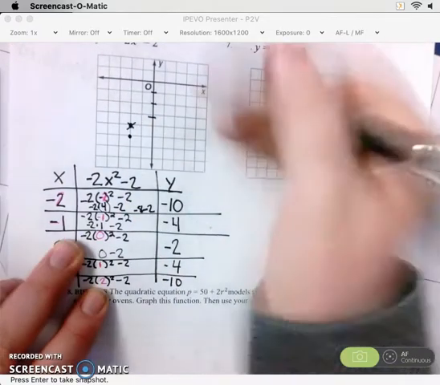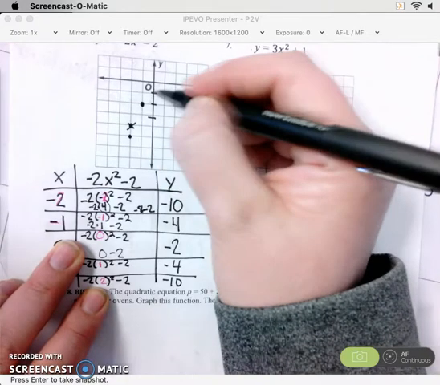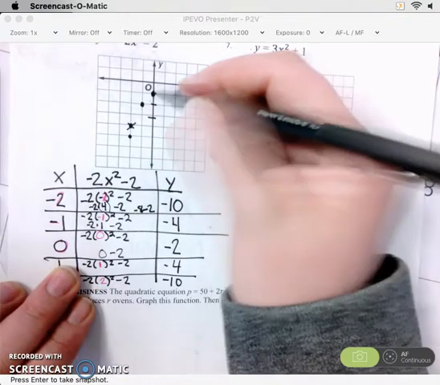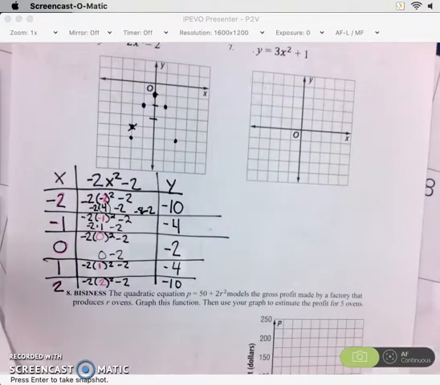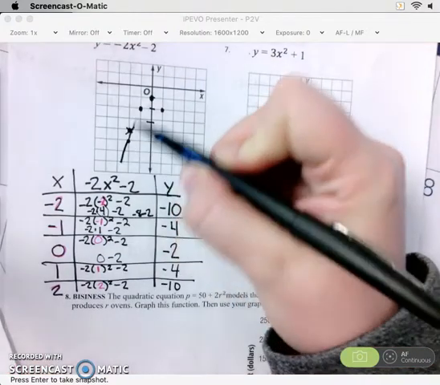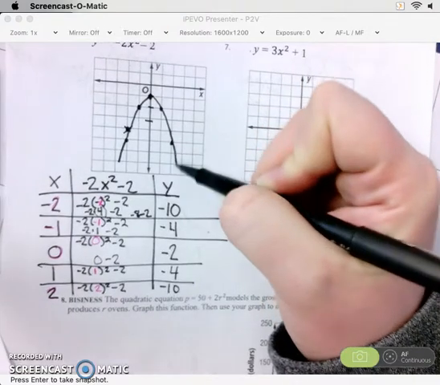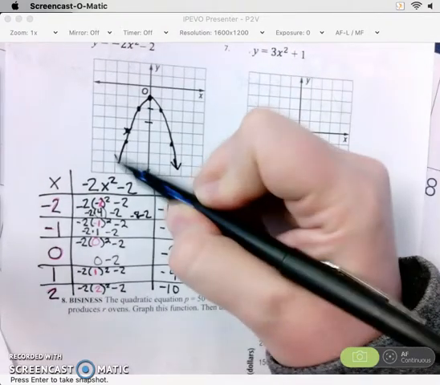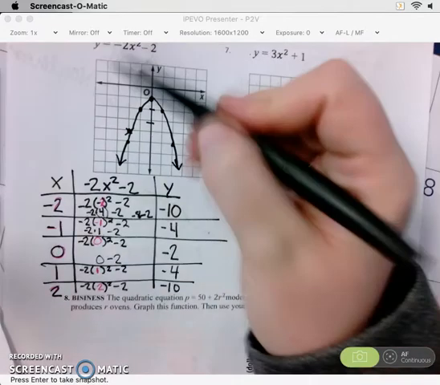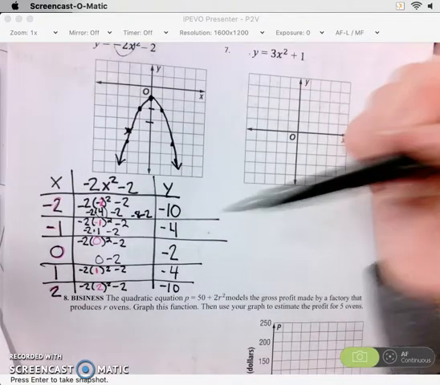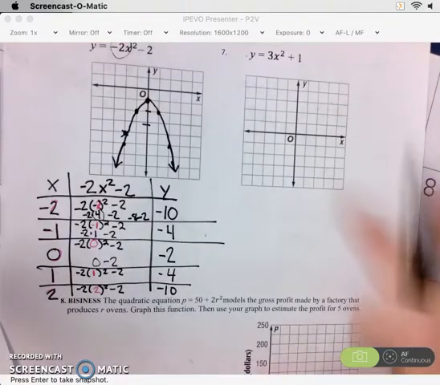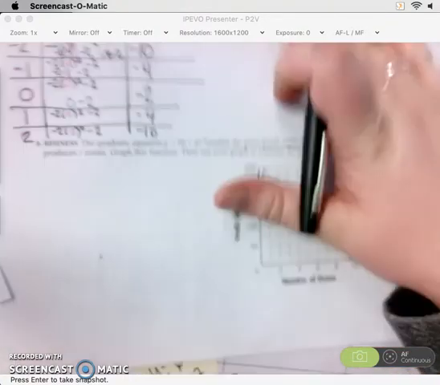Negative 1, negative 4. 0, negative 2. Do you see how it's symmetrical? It is a U. My A is negative, so it's going to open downward.